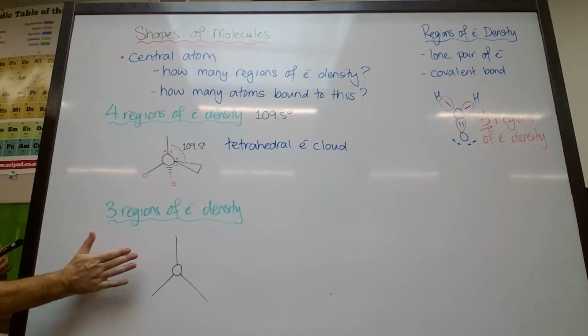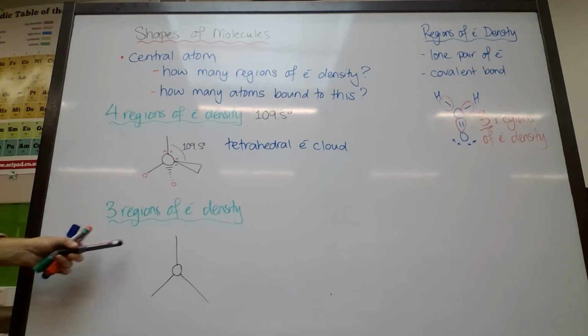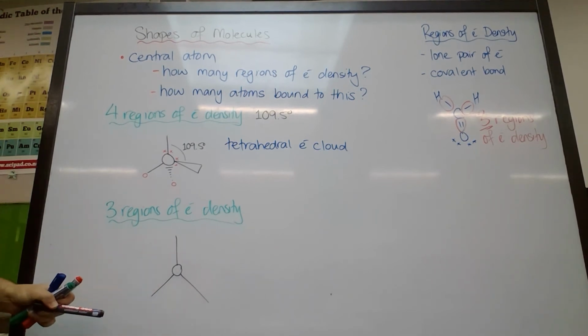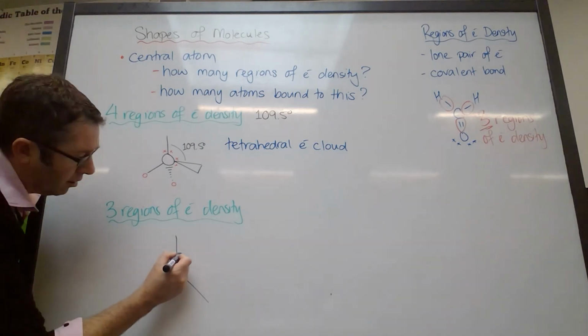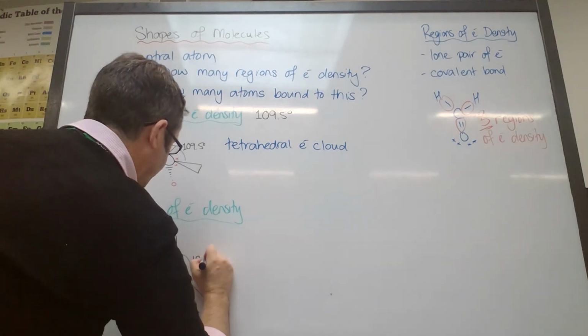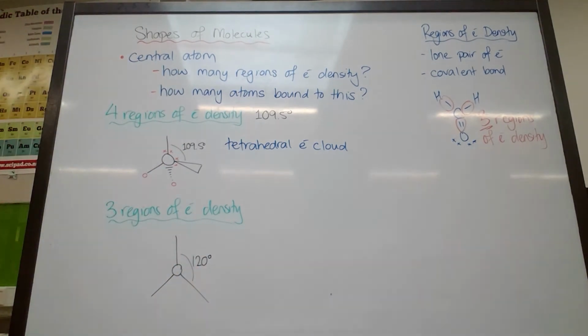So they sit on a board. So this is going to mean one of these is going to be a double bond, almost certainly. So for this one, our bond angle is going to be 120 degrees because it has got a trigonal planar electron cloud.